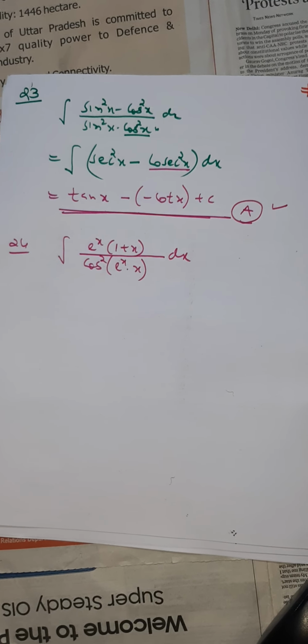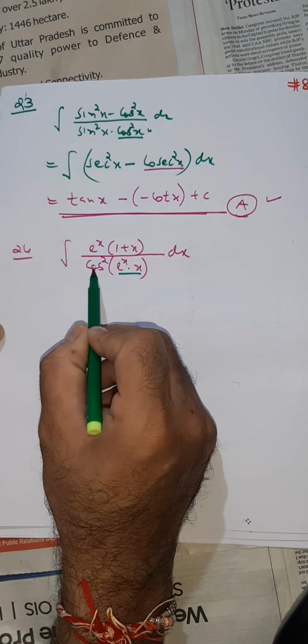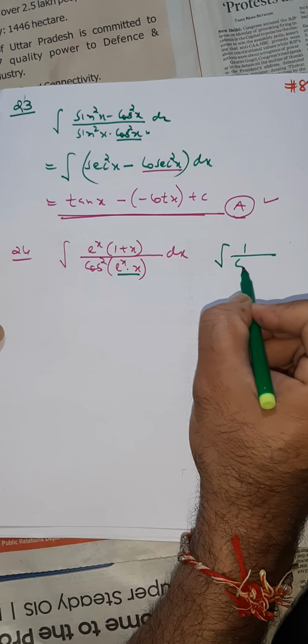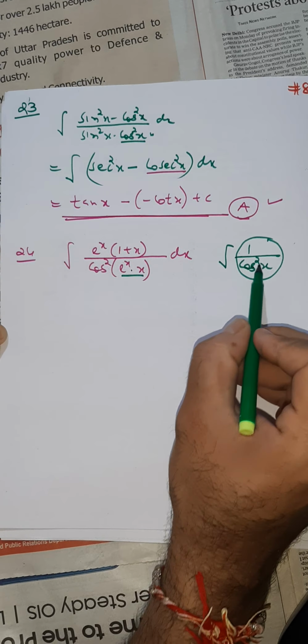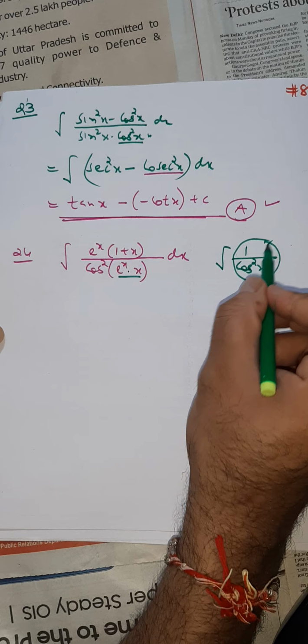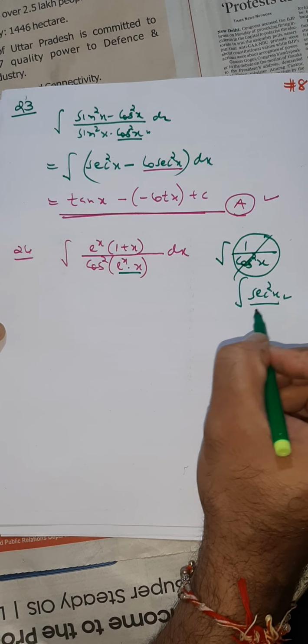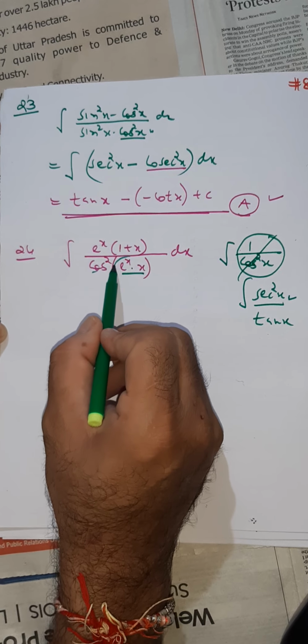Now here the problem with integration is with this one, remember, not with cos square, because this can be integrated very easily. 1 upon cos square is just sec square. And how do you integrate sec square? That is tan x. So here we have a problem with this function.